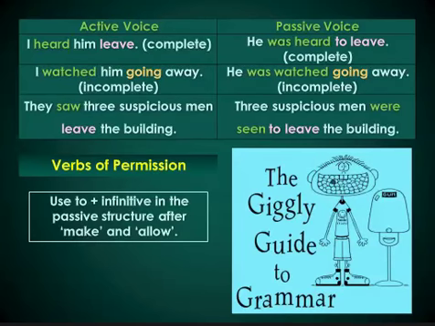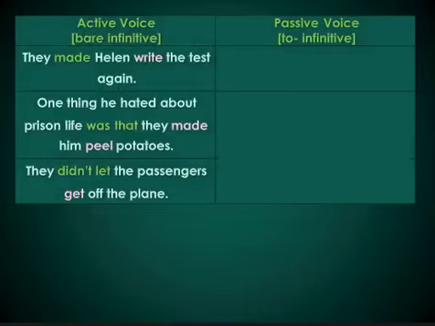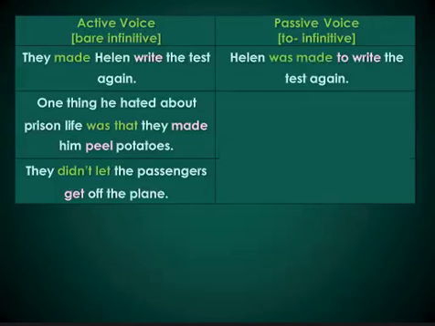What happens then with verbs of permission, such as make and allow? Here are other important examples. They made Helen write the test again. Helen was made to write the test again. One thing he hated about prison life was that they made him peel potatoes.